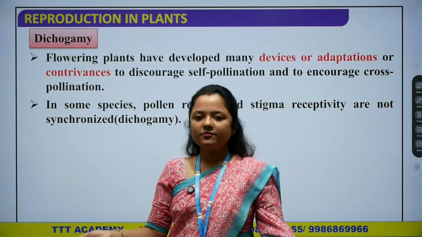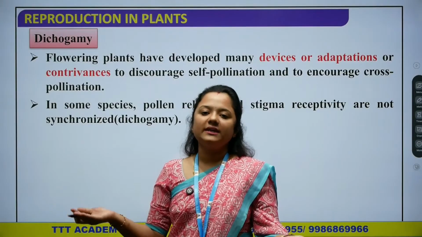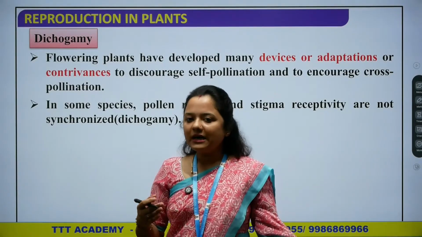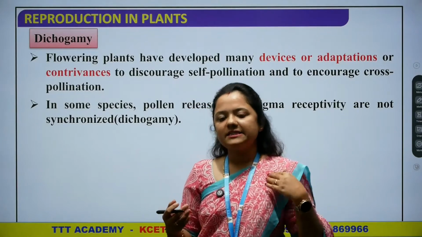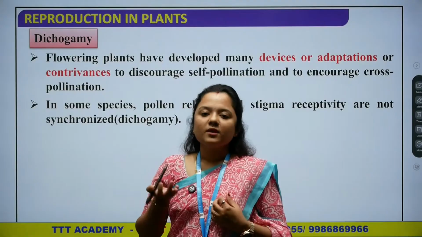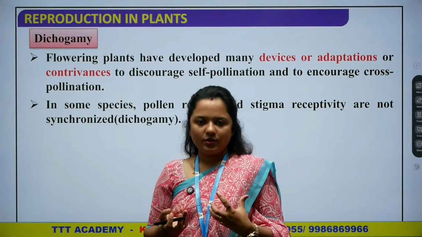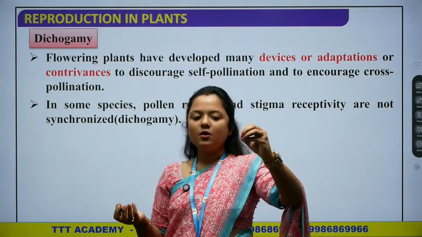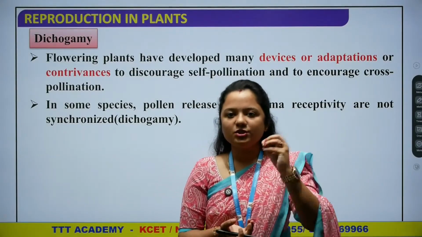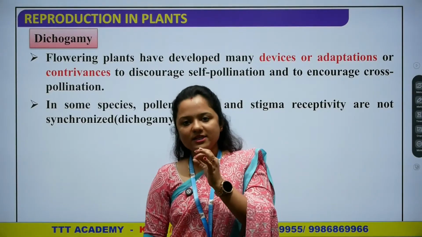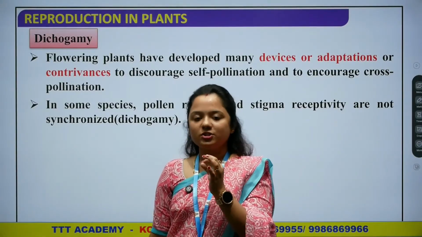So that will not encourage the process of pollination, and the plant has to take the method of cross-pollination. When pollen grains land on the platform of the stigma, the stigma should receive the pollen grains and encourage pollen tube germination, correct?